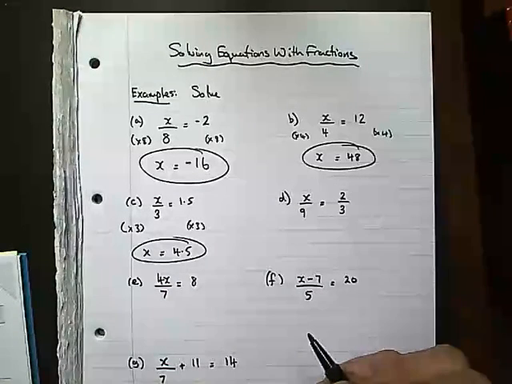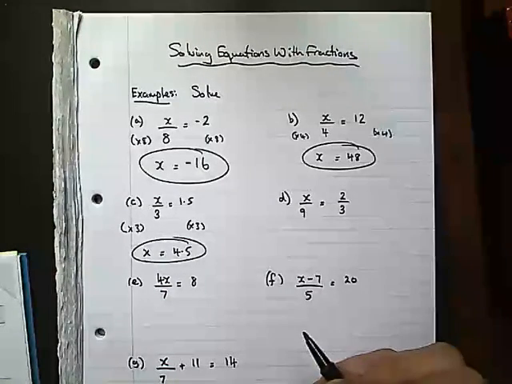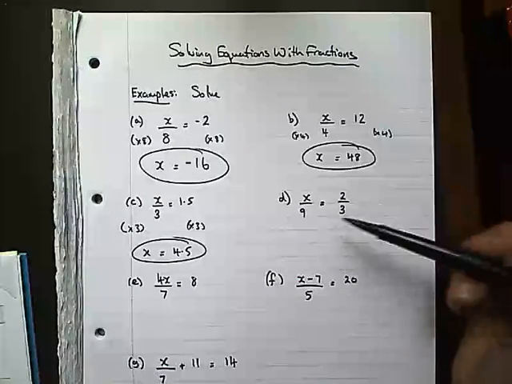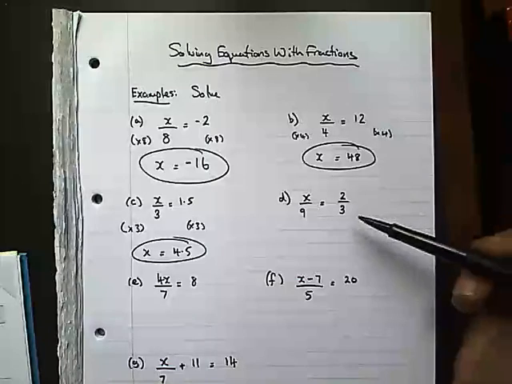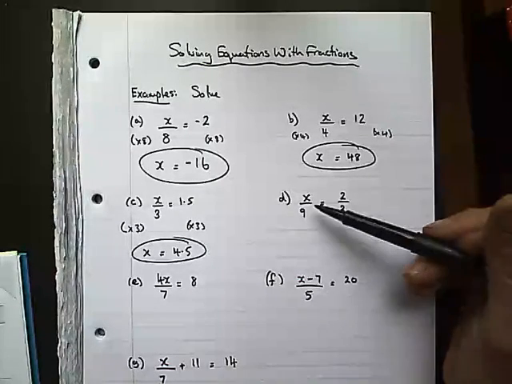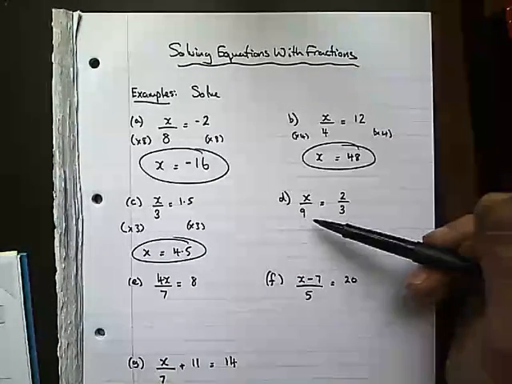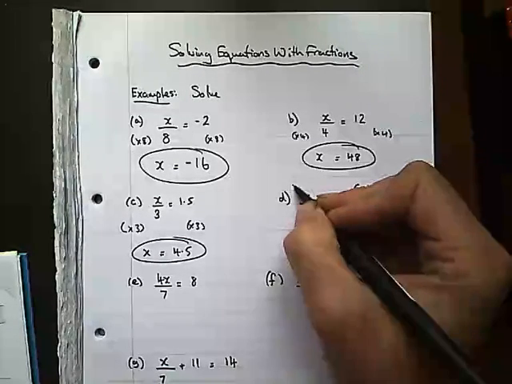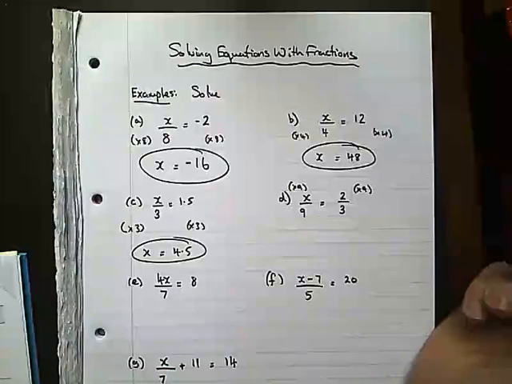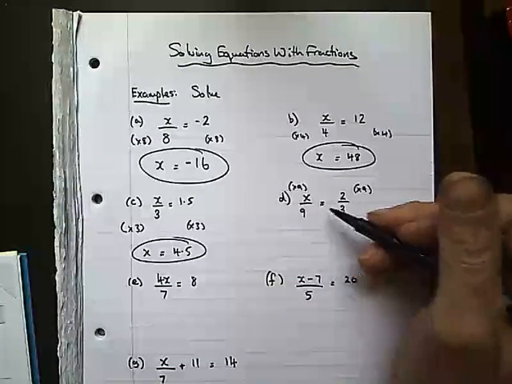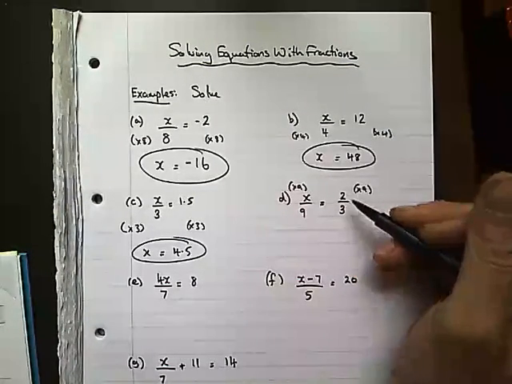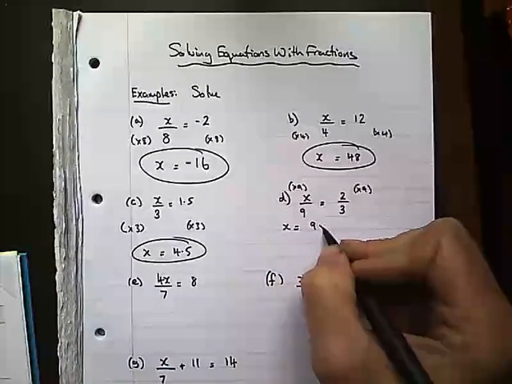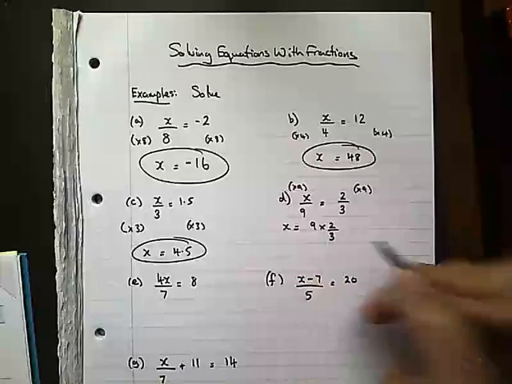Okay, so sometimes when we get a fraction, though, we've got x divided by 9 equals a fraction. It equals 2/3. Again, I want to undo this divide by 9, so I'm going to times by 9 on both sides. Okay, so I've got x equals 9 times 2/3.